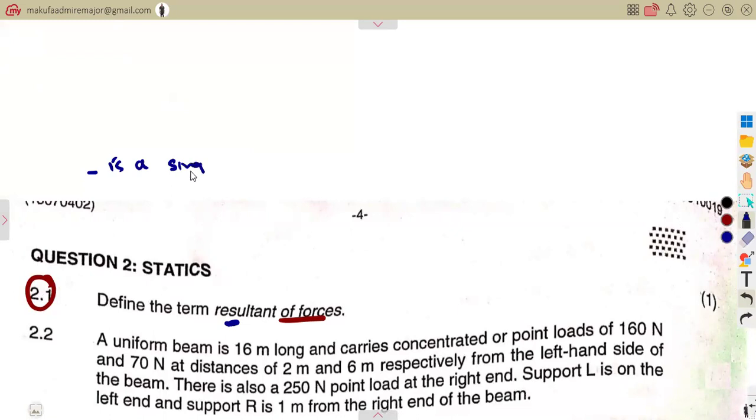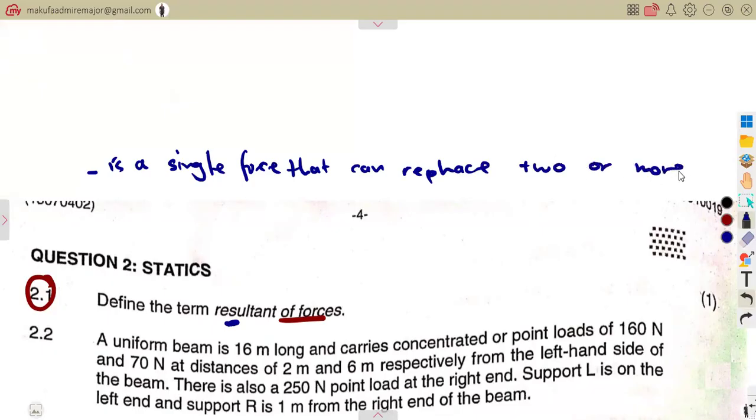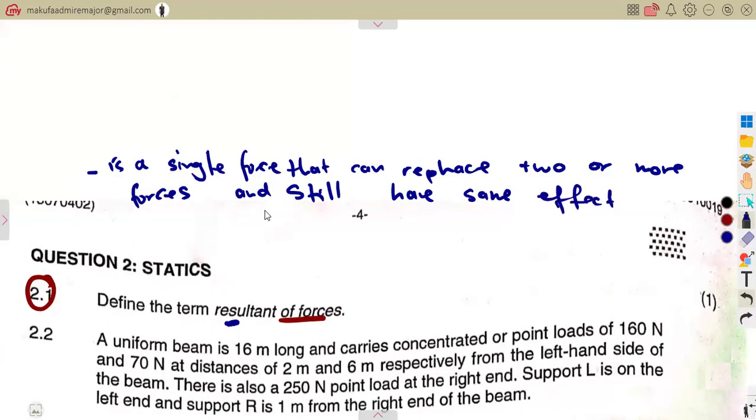So this one, it is a single force that can replace 2 or more forces and still have the same effect as all the applied forces.